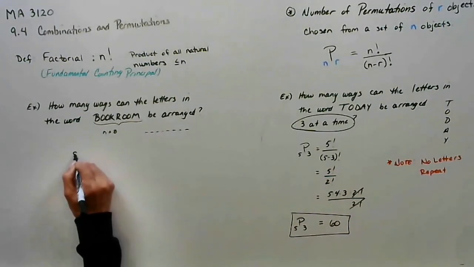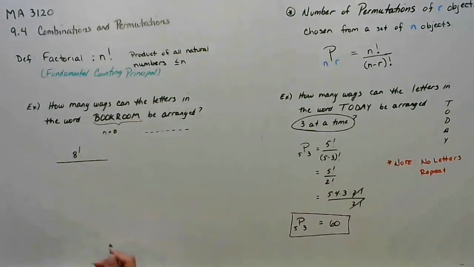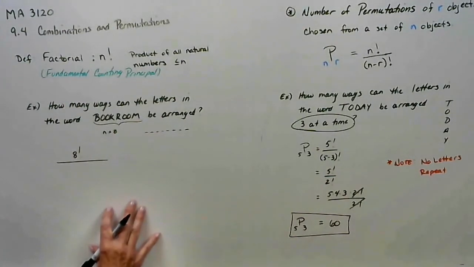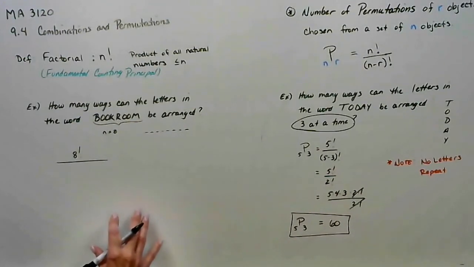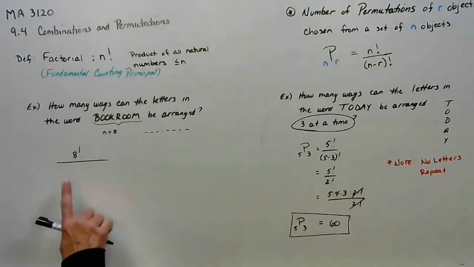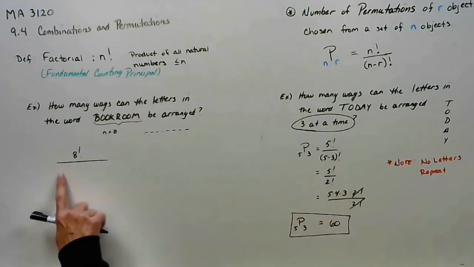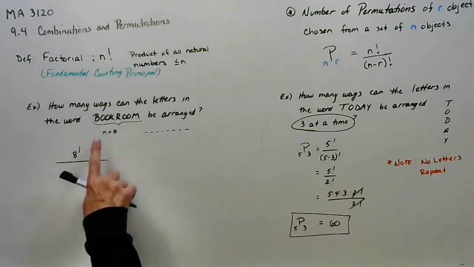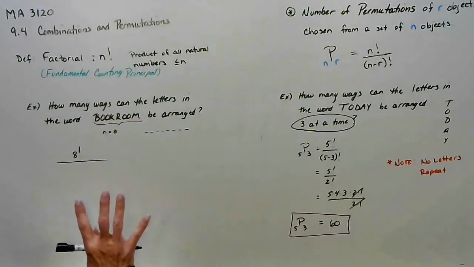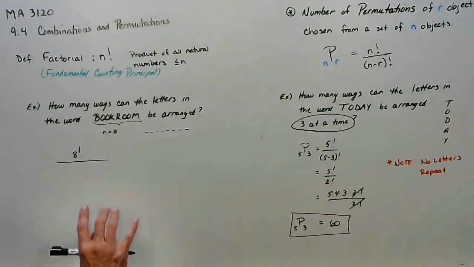So I'm going to start with 8 factorial. And then what I like to do, for the way my brain operates, is let the denominator, each one of these factors, represent a letter. This might make more sense in just a moment.